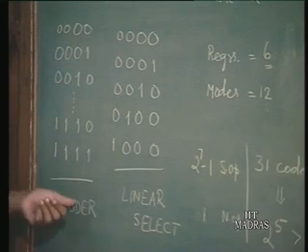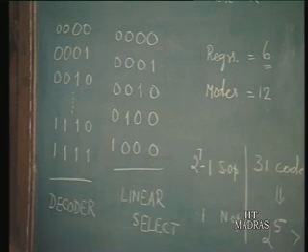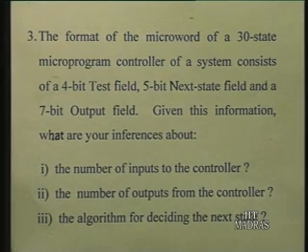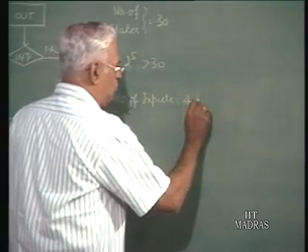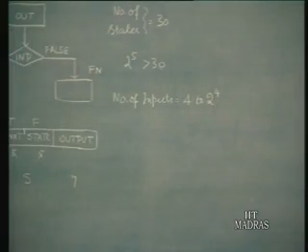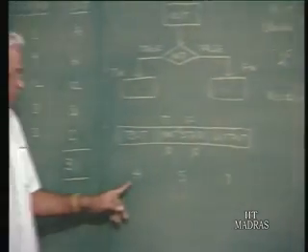If we use this code, it will be as many as 16. So, we cannot say what it is, all we can say is the number of inputs can be anything from 4 to 2 to the power 4, that is the only inference you can draw.